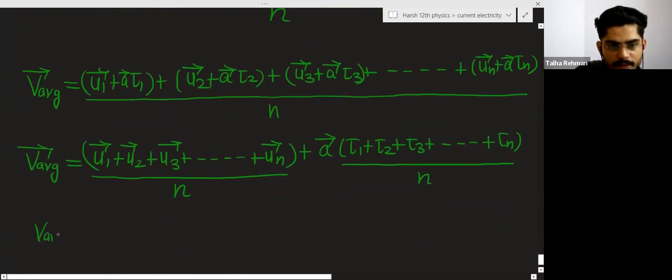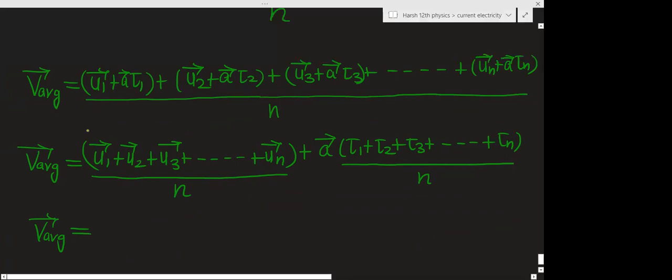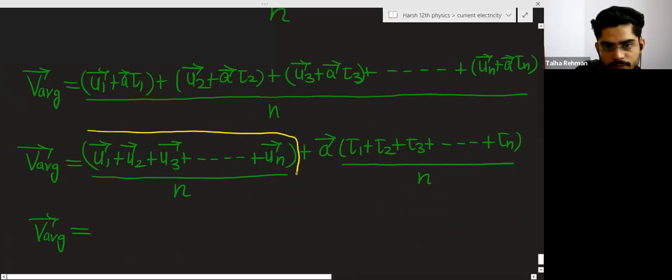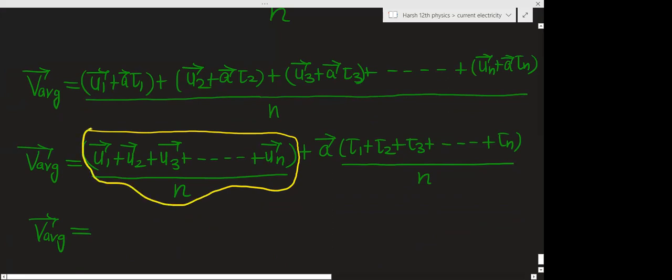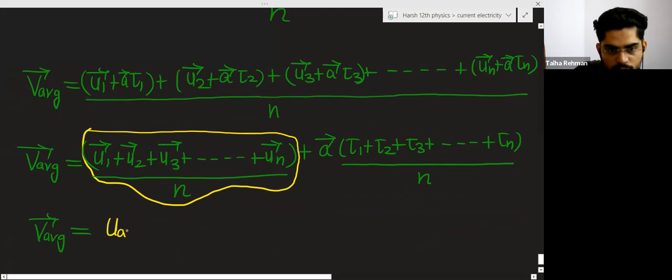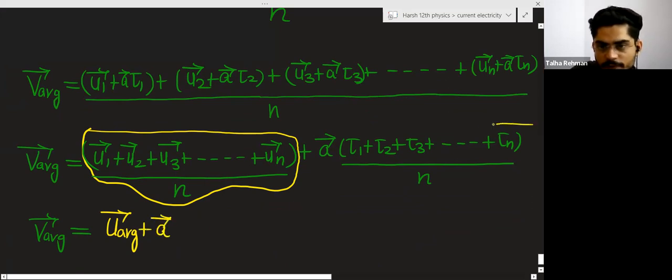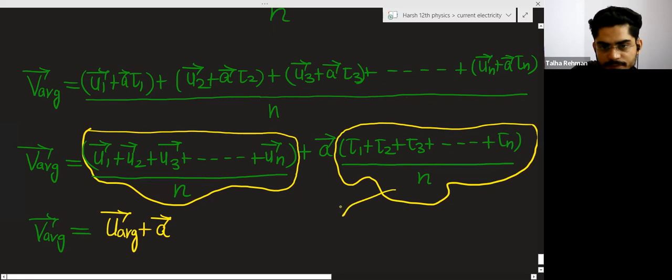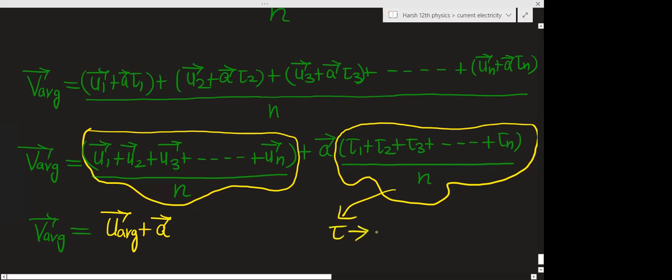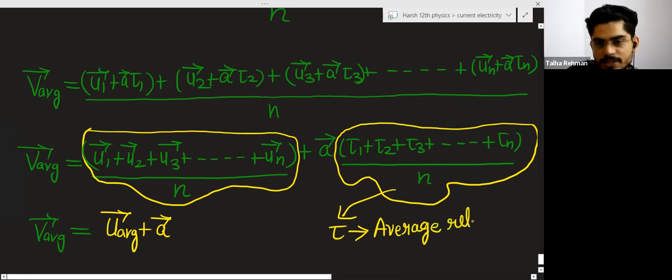So V average is equal to u average, this whole value is u average, plus acceleration, and this whole value is the average relaxation time tau.